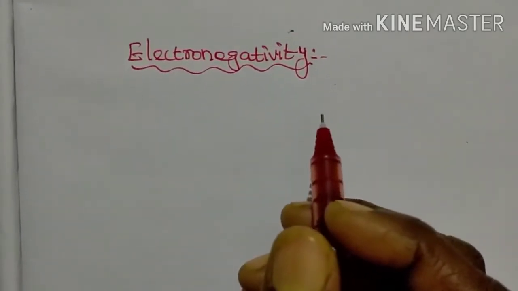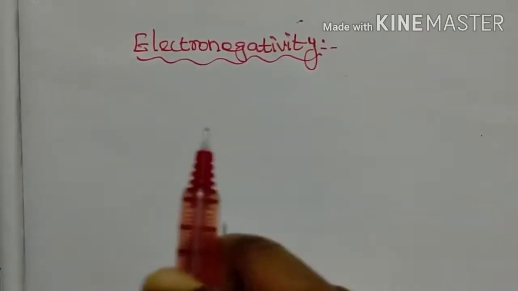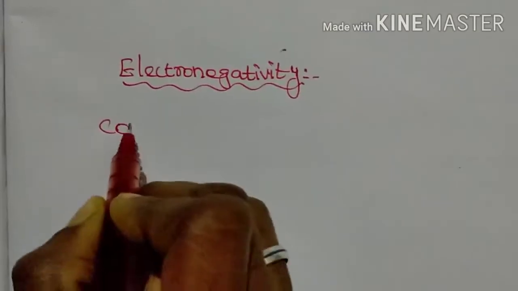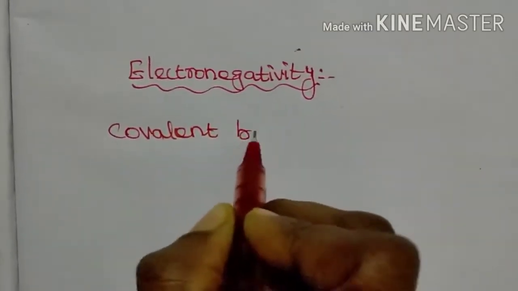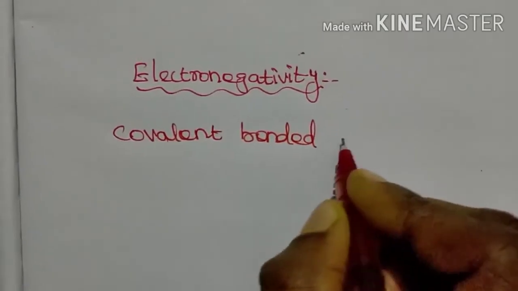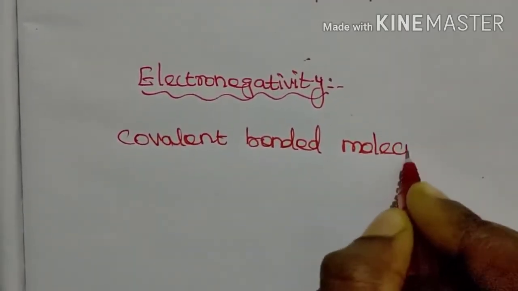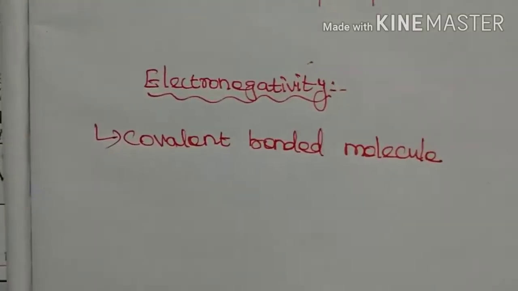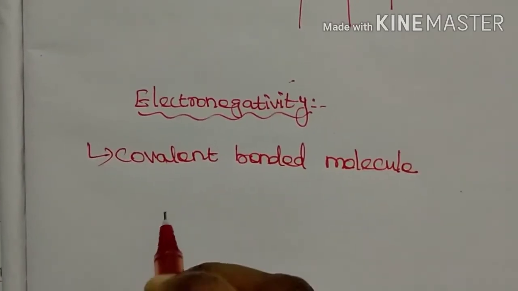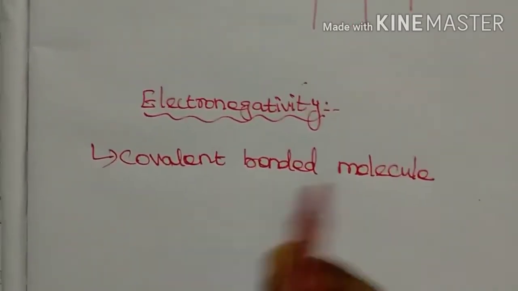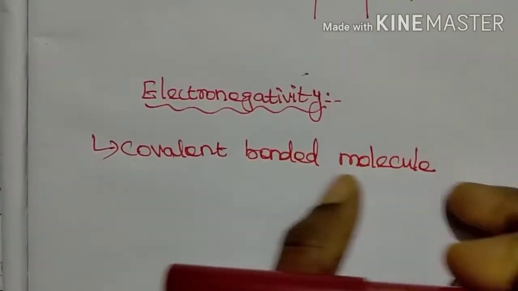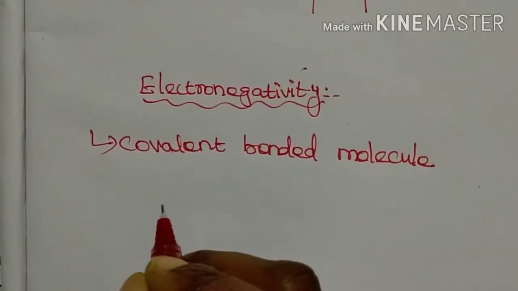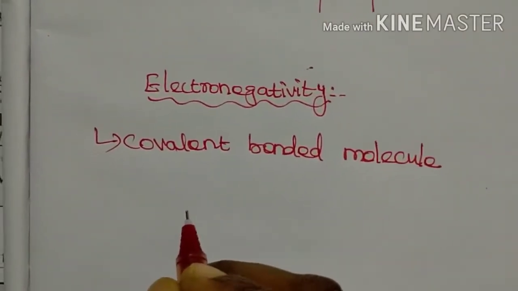It is defined as the relative tendency of an element present in a covalently bonded molecule to attract the shared pair of electrons towards itself.